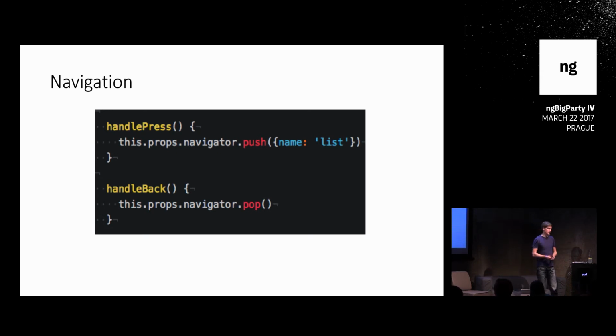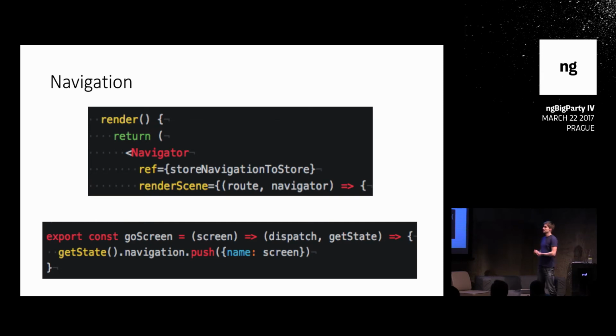Now, if you want to have this as a part of Redux or any other Flux implementation, you probably don't want to do something like this. So registering the navigation object into Redux upon mounting the component, and then navigating through Redux by calling getState navigation push.